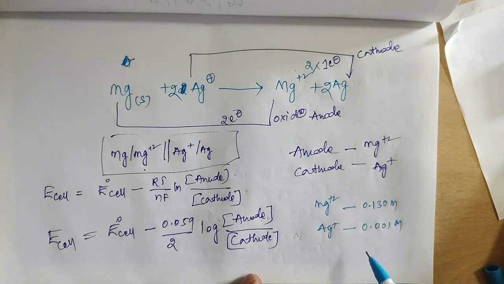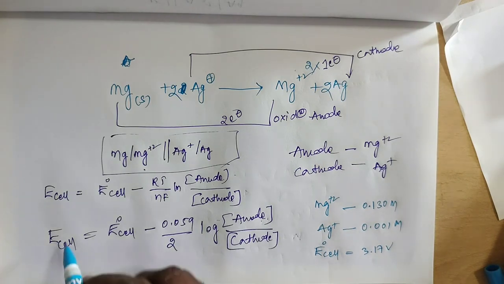Okay, so these are the concentrations, and we already know the E naught cell equal to 3.17 volts, and calculate the E cell.